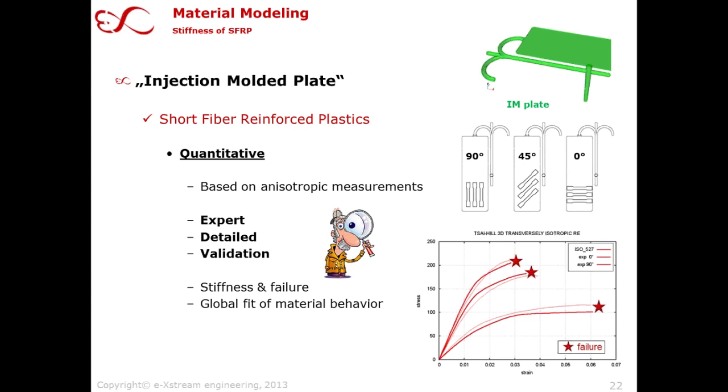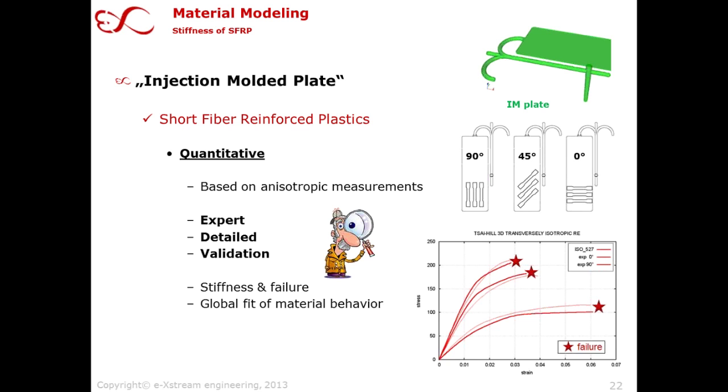Of course, you will want to have more, and this will bring us to the quantitative approach to modeling. Quantitative modeling means that you have really the full set of material measurements, so different angles cut off from injection molded plate. And you also seek more than just the simple nonlinear stiffness of your material. So, for example, you want to have a global match of your stiffness together with a global match of your failure behavior in your material.